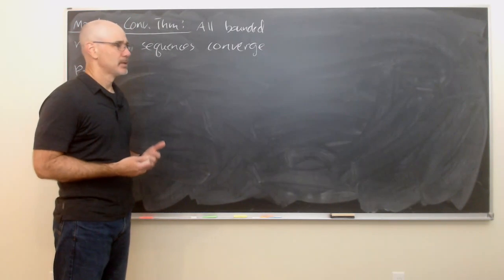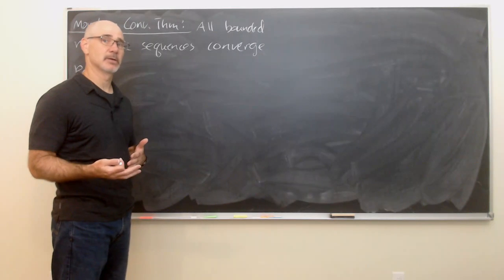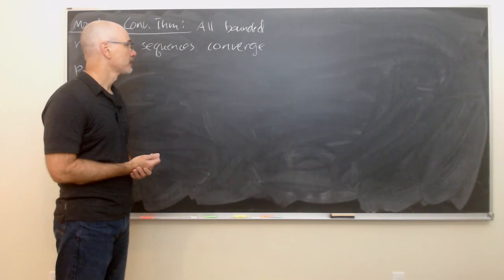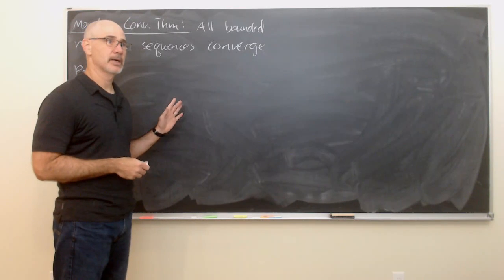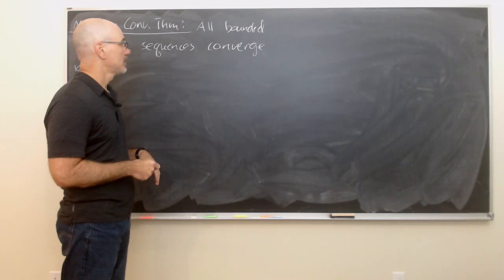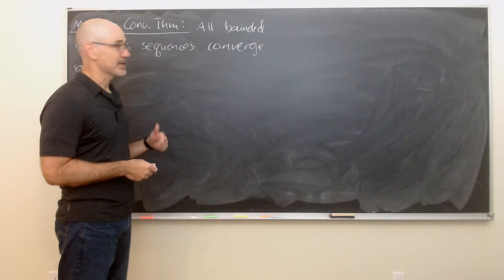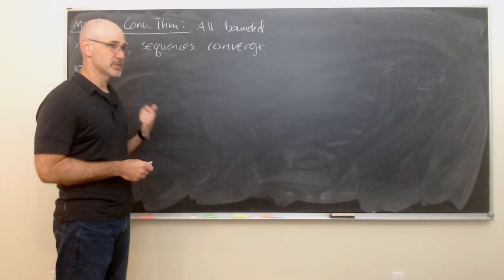Right? So that can be kind of a tricky thing, to show something converges without knowing what the actual value is. But this is the theorem we're going to use to get that sort of result established. And so we're going to use the axiom of completeness to prove the monotone convergence theorem.